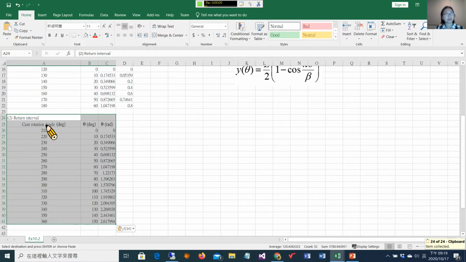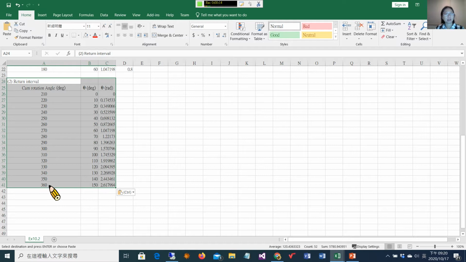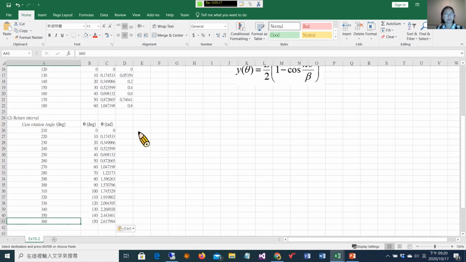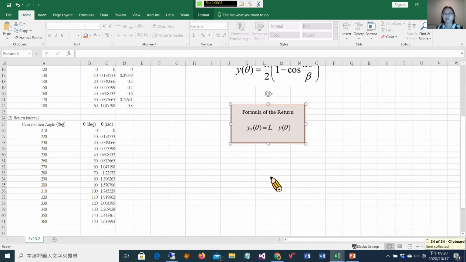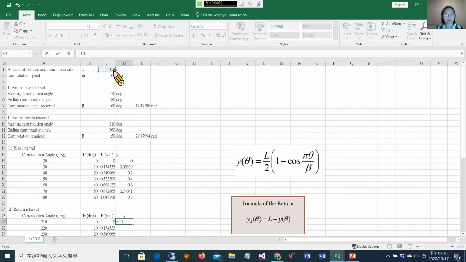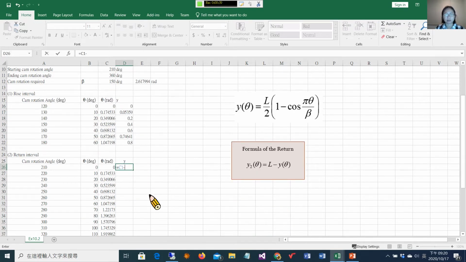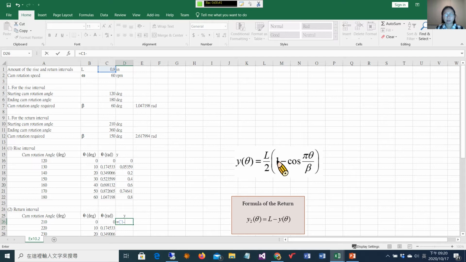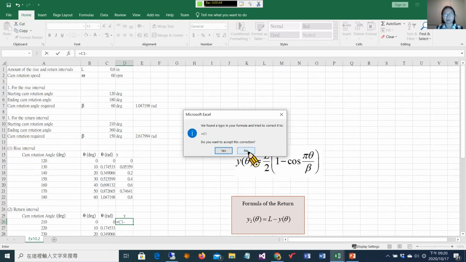We have cam rotation angles from 210 degrees to 316 degrees. And the formula of the return is this, equal L minus y of theta. So we put the formula here, L minus y of theta here.